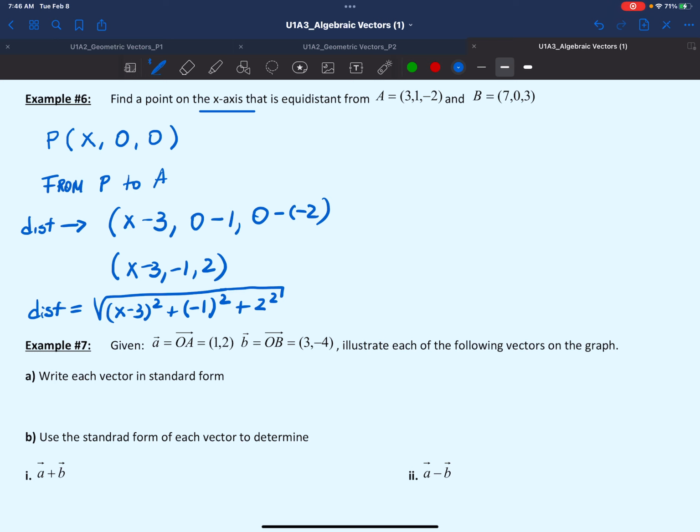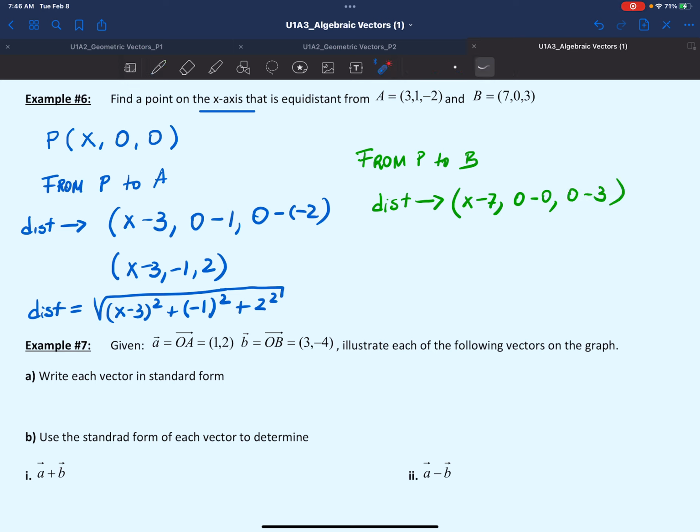So in the meantime, we want this same point P to be equidistant from B. So here we're going to write from point P to B, we want to find the distance, which is defined by the coordinates x minus 7, 0 minus 0, and 0 minus 3.